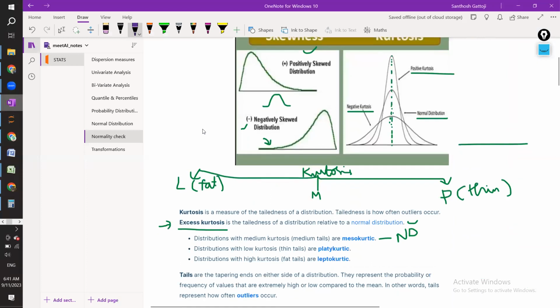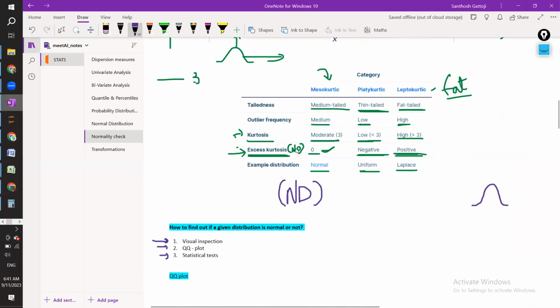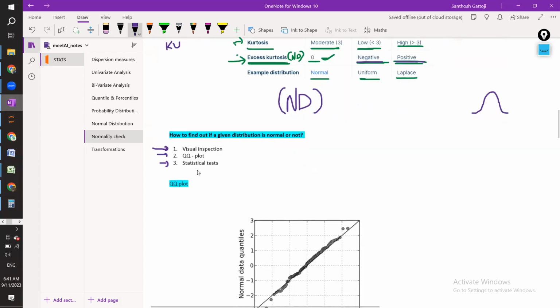Coming to kurtosis, over here how much is the excess kurtosis, whether it is near to zero or very much in negative or very much in positive. You can find out skewness and kurtosis and decide whether you can assume it as a normal distribution or not. That is one concept, just a visual concept.